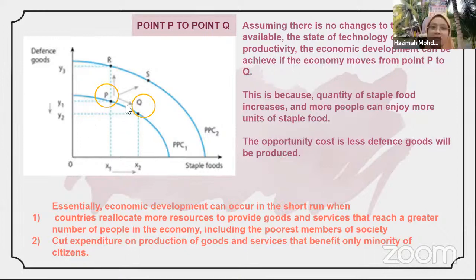Q pergi P maksudnya economic development dia dah kurang, sebab dia reallocate resources tu untuk benefit only minority of citizen. Faham tak? Maksudnya dia akan reallocate less to the people. Okay. Alright, thank you.